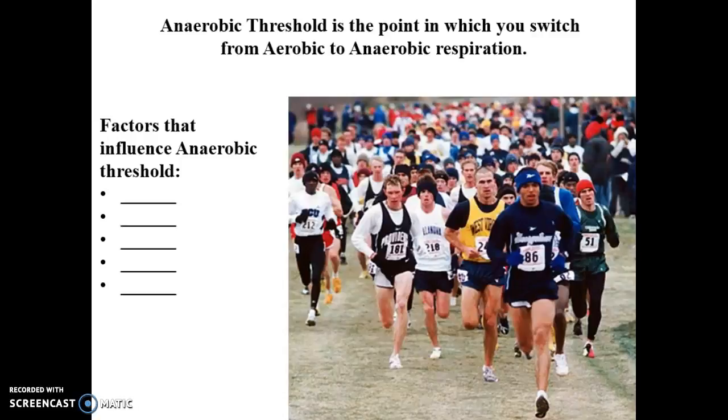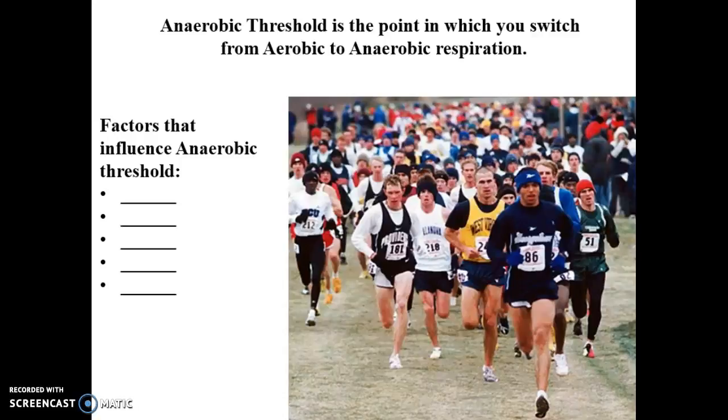People who can't go to a higher elevation are wearing oxygen masks to improve their anaerobic threshold and try to train their body to work harder so that way it forces it to build more red blood cells and raise that threshold up. Okay, so all these factors combine to give us an individual anaerobic threshold, that point when we switch from aerobic respiration over to anaerobic.